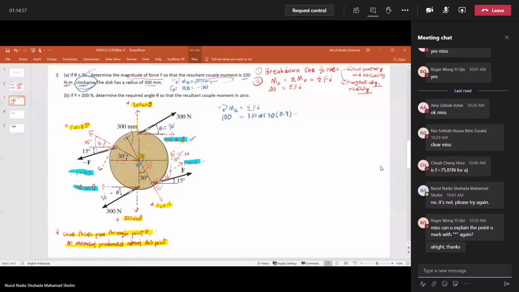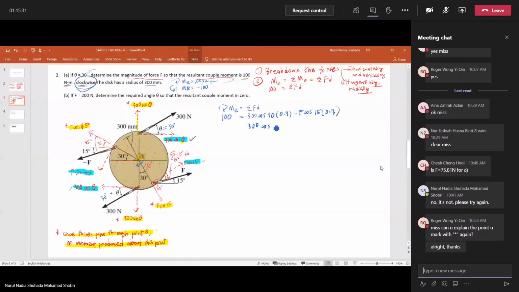So it should be negative F cos 15, and the distance is the radius, so 0.3. Now you take this value. This one should be plus, because it follows the direction clockwise. So 300 cos 30 times 0.3.